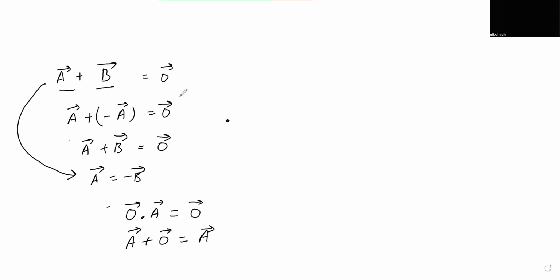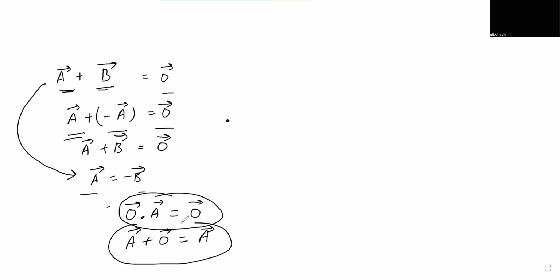No, sir. A vector plus B vector is equal to null vector. That means A vector is equal to minus B vector. A vector plus minus A vector is equal to null vector. Anything multiplied with null vector is null vector. Anything added to null vector gives you the same vector. No problem? Yes, sir. So these are just some properties of null vector.